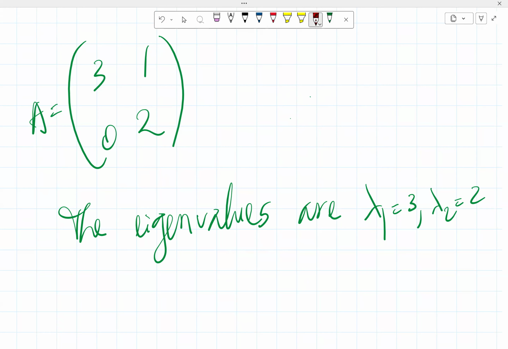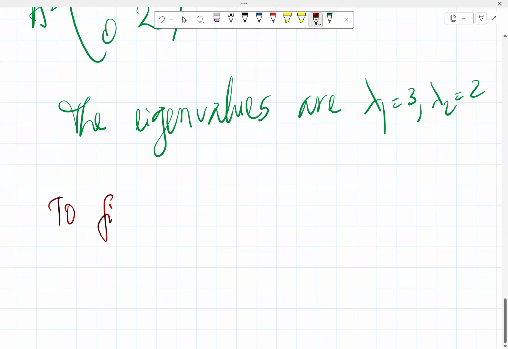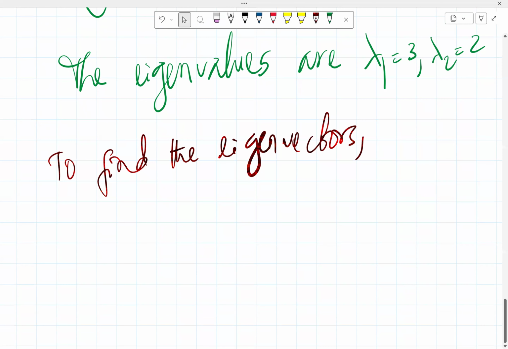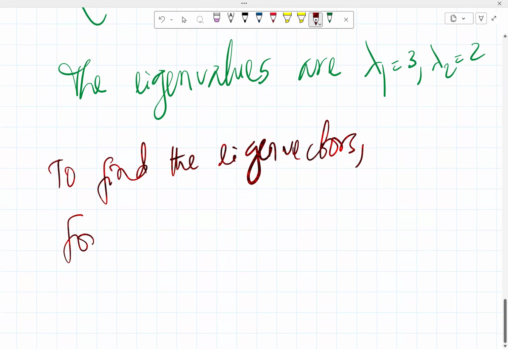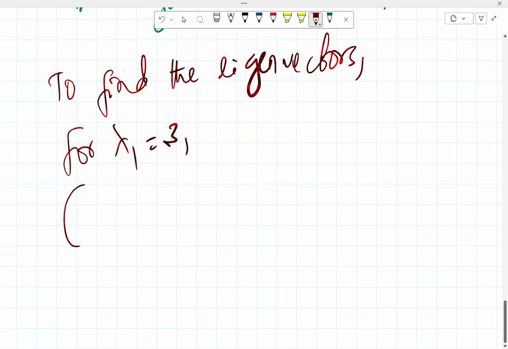The next thing is to find the eigenvectors. There's an eigenvector corresponding to each eigenvalue. So we say for lambda 1, which is equal to 3, for the eigenvector we just need to solve (A minus lambda I) V equals 0.